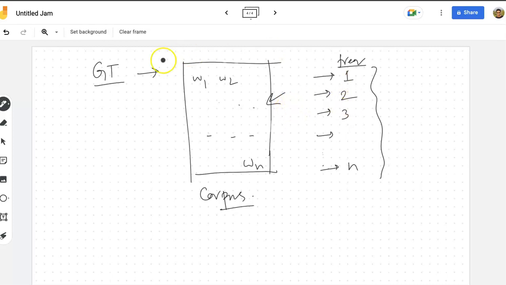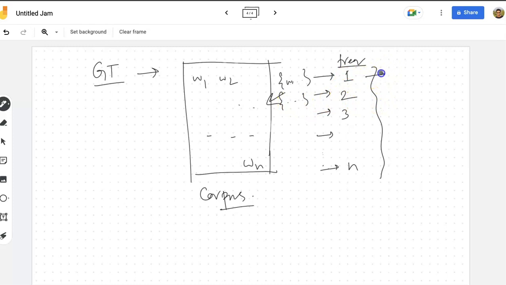For this, the Good-Turing estimate says there is nothing to worry about. We can always guess their probability or count, whatever you want to call it, from the next occurring word. Suppose there are multiple words that occurred once, words that occurred twice, and so on.